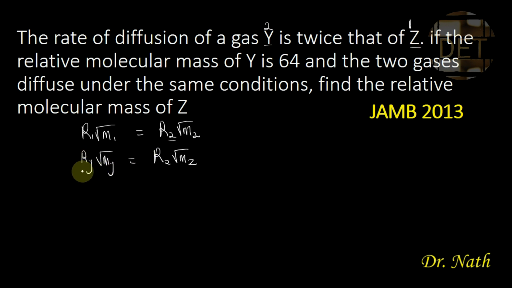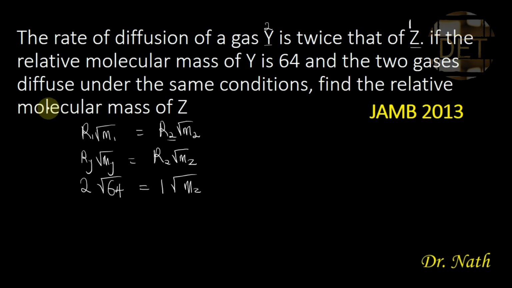So my rate of diffusion of the gas Y is equal to 2 square root of, if the relative molecular mass of the gas Y is 64, so my relative molecular mass of gas Y is 64, is equal to, the rate of diffusion of the gas Z is 1, because Y is twice that of Z, so this will be 1 square root of MZ, which is what we are calculating.